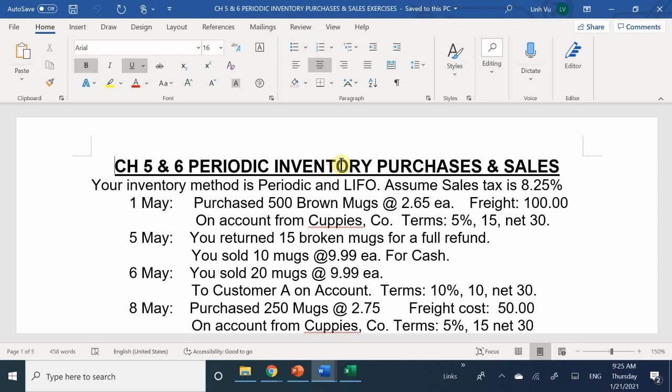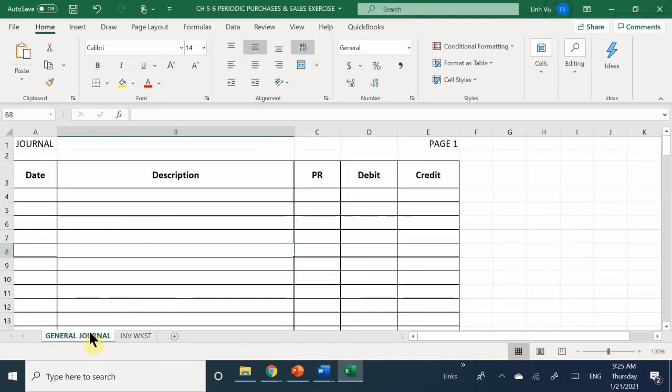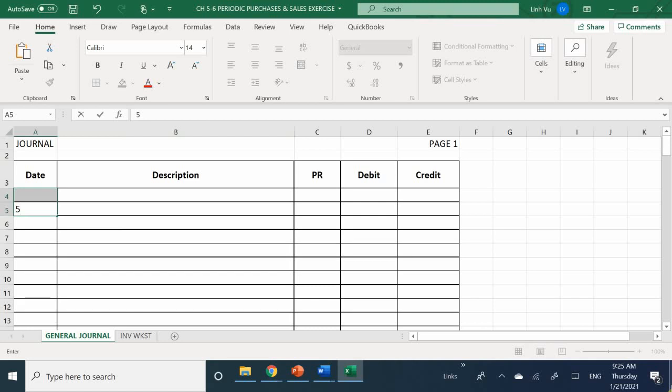So, how am I going to journalize this transaction? Because we're dealing with periodic inventory, we have a purchase expense. Let me bring that up here. So 5.1, we got a purchase expense. What else are we also looking at?